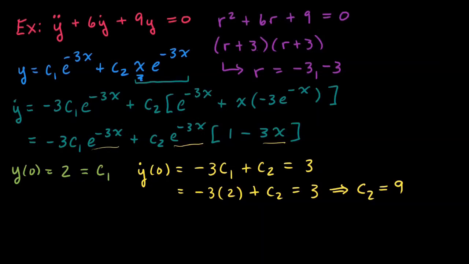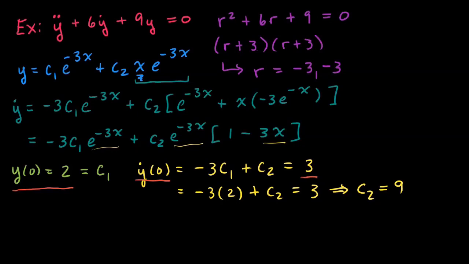All right, so now we can actually write the particular solution to this differential equation, right? So we had the conditions that y of 0 equals 2 and y prime of 0 equals 3.